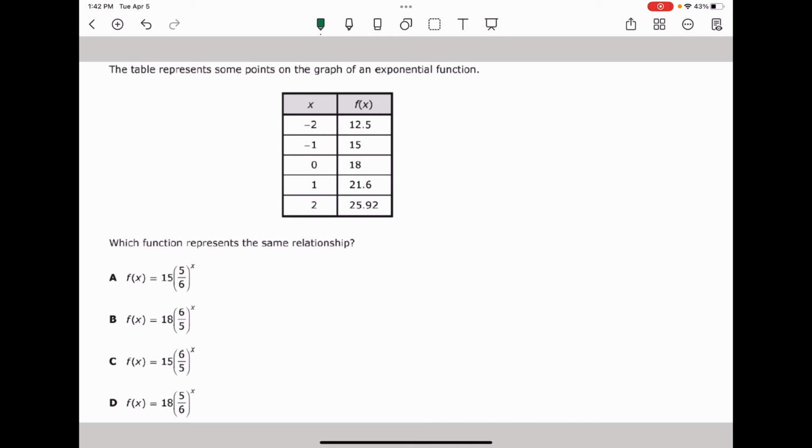So this once again gives me a table of values and asks me to write the exponential function. So I'm going to go back to my calculator. I'm going to enter this into L1 and L2. So remember, you go to Stat, and then you hit Enter on Edit, and you enter these numbers into L1 and L2.